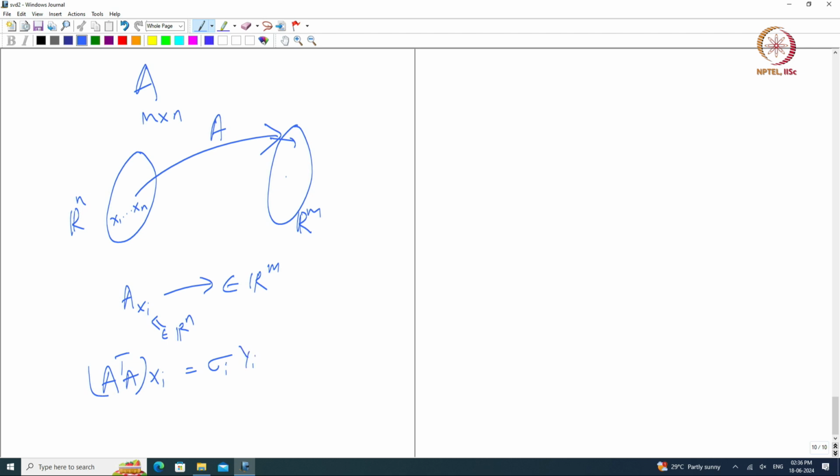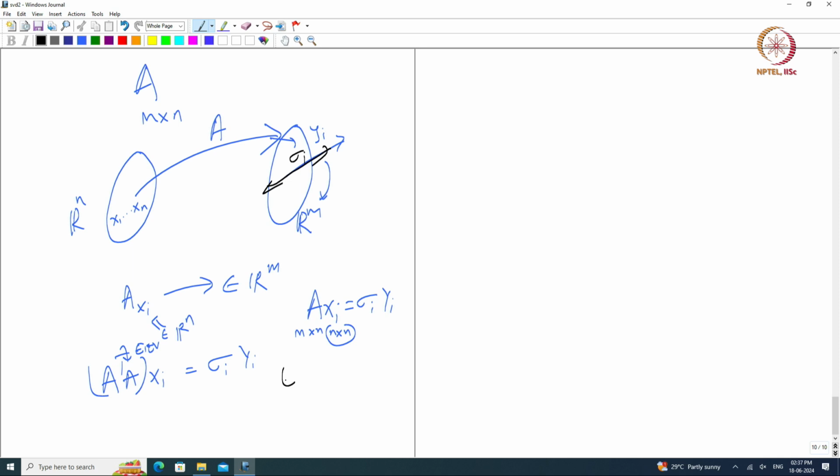If it is a singular vector, the action of A on xi, where A is m cross n and xi comes from the eigen decomposition, will be sigma i yi. So, some other singular vector yi in Rm space gets scaled by sigma i.